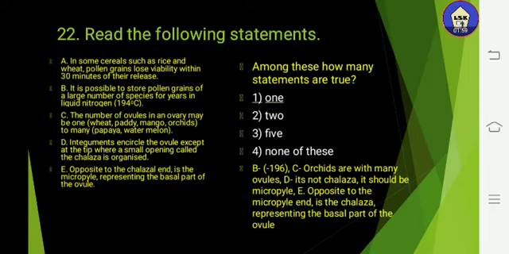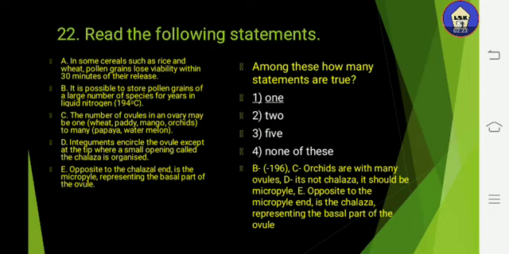Why? While reading the statements, we have not noticed the point given inside the bracket. Just look at statement B. In the bracket, it is given as 194 degrees Celsius. Actually, it should be minus 196 degrees Celsius.